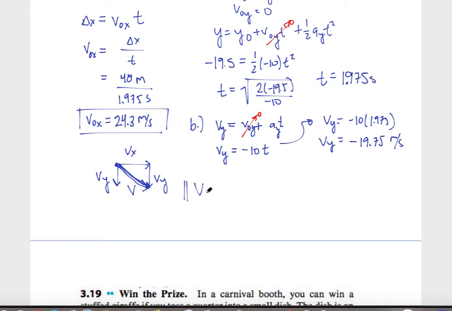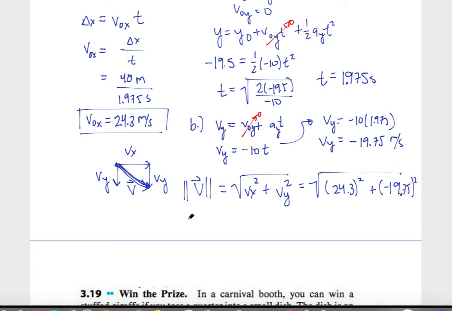So the magnitude of my velocity will just be the square root of Vx squared plus Vy squared, or the square root of my Vx, which was found to be 24.3 squared, plus the square of my newly found y velocity, which is negative 19.75 squared.